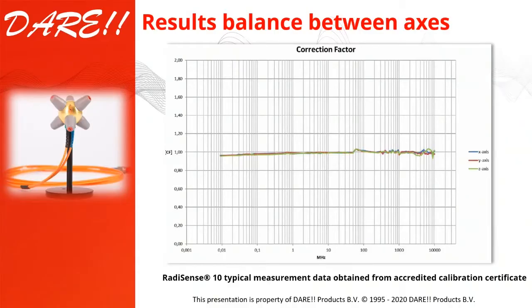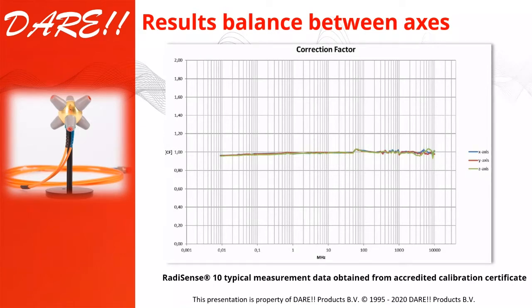So that means that there is no real imbalance between the axes. The correction factor should be 1. 1 means that the applied field is exactly the same as the measured field. So this graph clearly shows that it is correctly measuring the field and there is no imbalance between the axes.